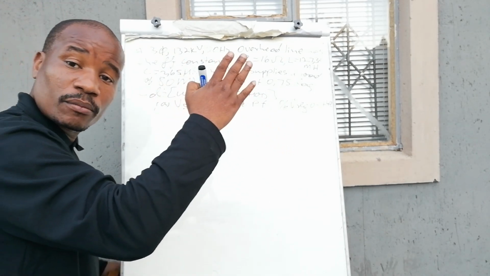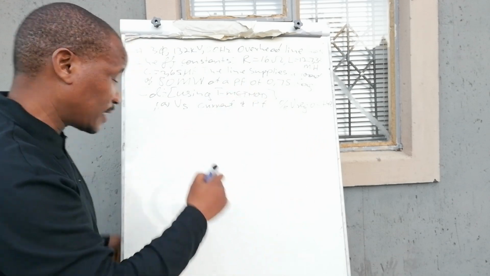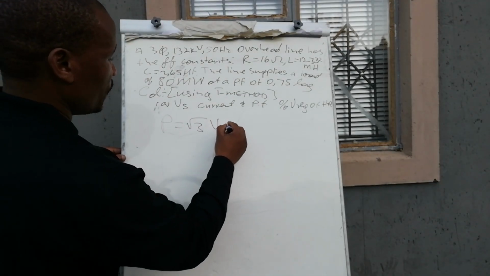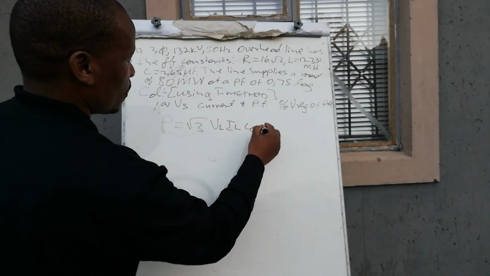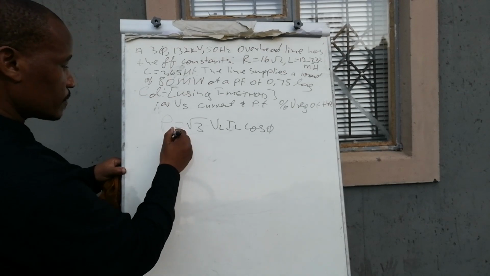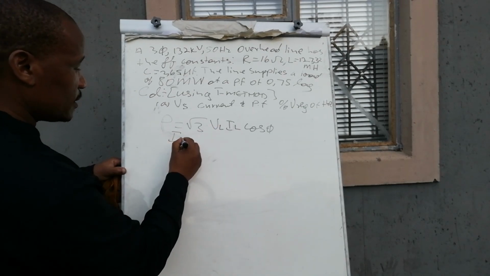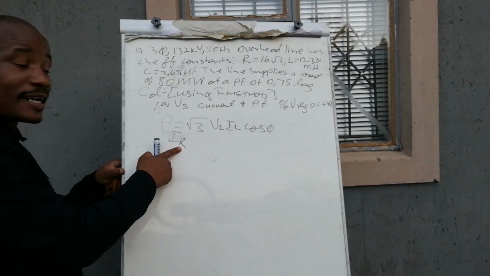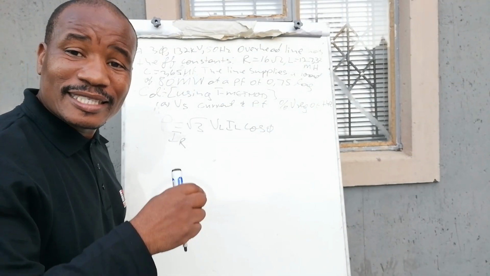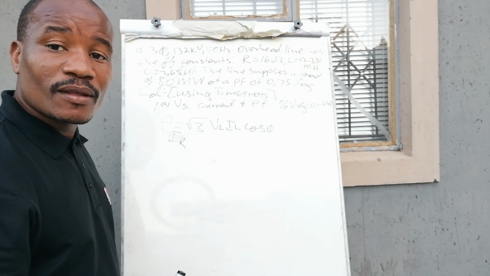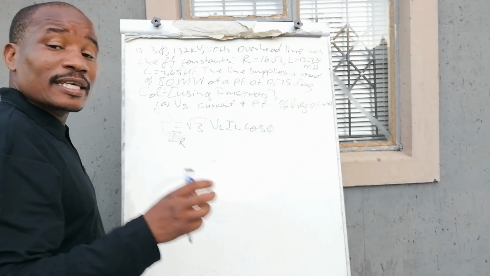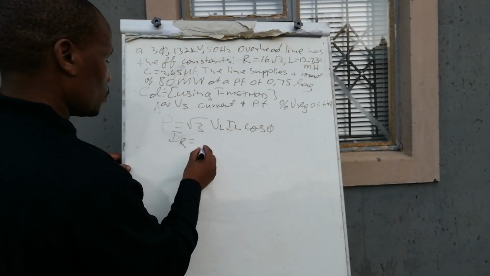From the sketch and the vector diagram, power is equal to root 3 V line I line cos of theta, and then of course I line, which is receiving end current. By the word load, we mean the receiving end, the thing that is supplied. A load, the thing that is supplied.